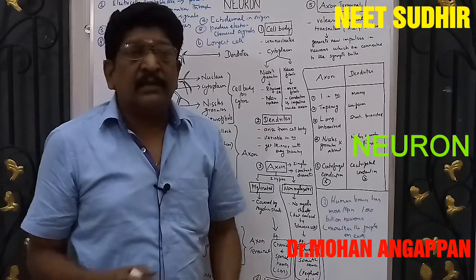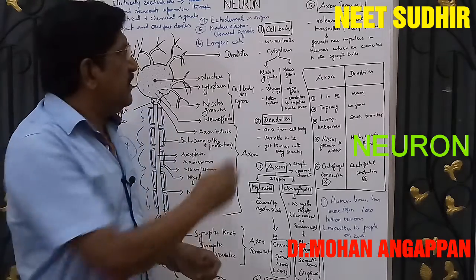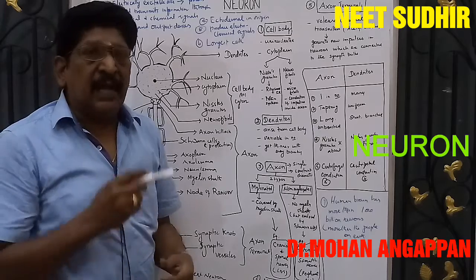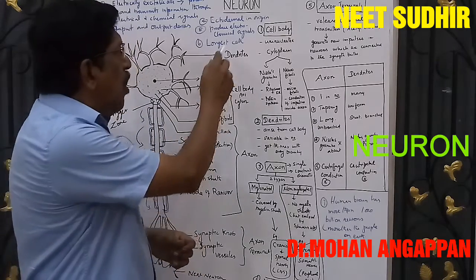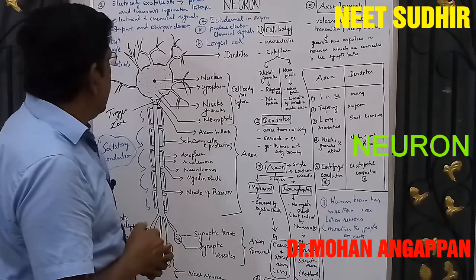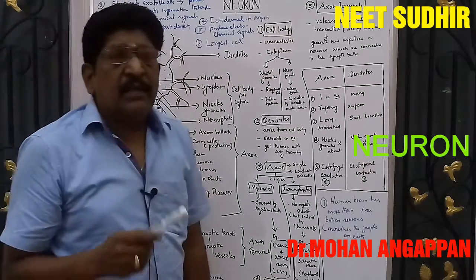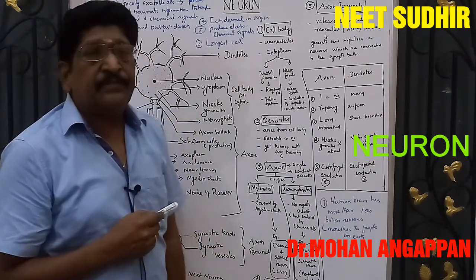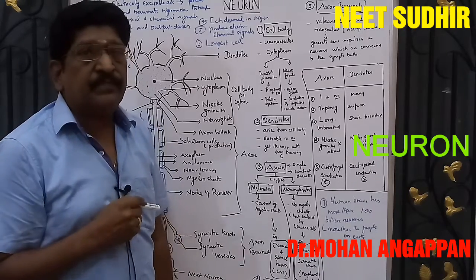Another interesting point about the neuron is that it is the longest cell in our body. It's even up to 3 meters long. And another special character is that neurons never divide.